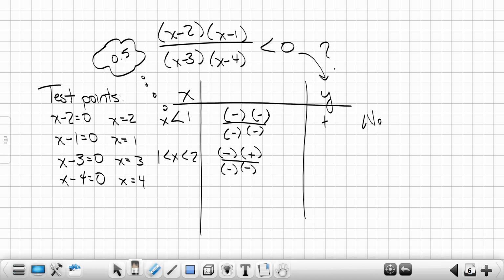If I got an odd amount of negatives, the whole thing is negative. So if it's a negative times a positive, it's negative. We want it to be negative, because our question is when is it less than 0?